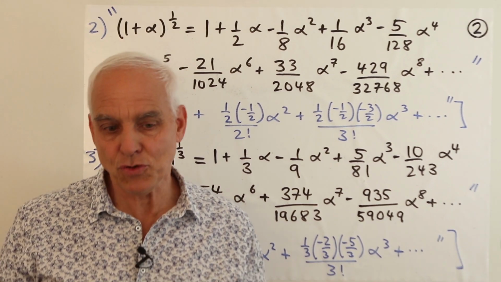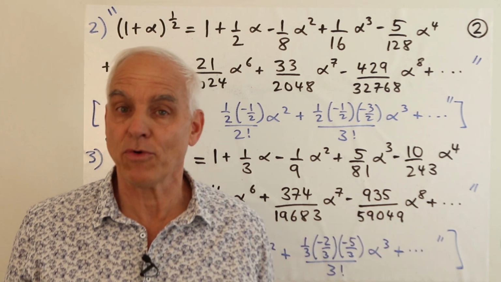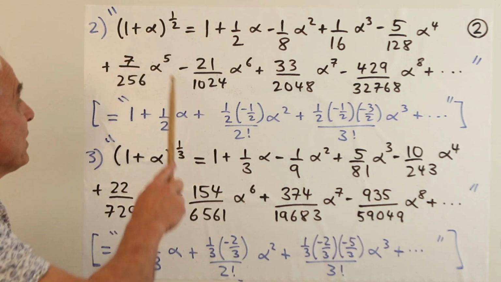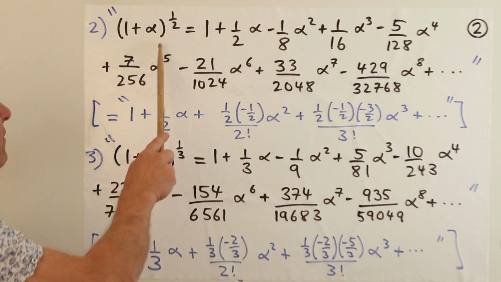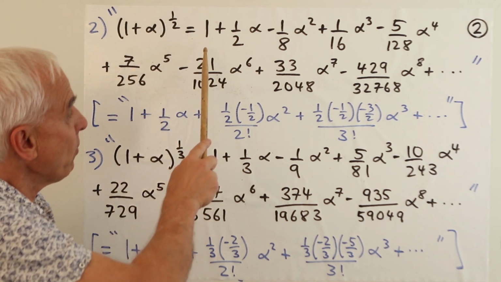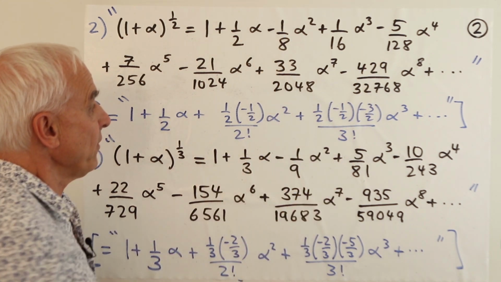Now, it's useful to have a look at some special cases where we connect with some formulas that we've already found in a previous lecture. So for example, when r is equal to 1/2, we get the formula that (1 + alpha)^(1/2) equals 1 plus a half alpha minus 1/8 alpha squared, and so on. These are our first terms.